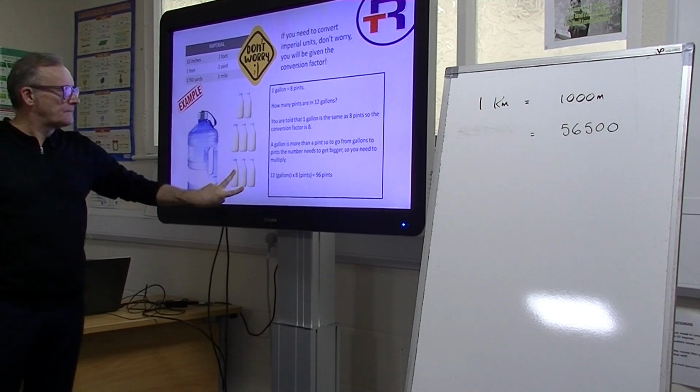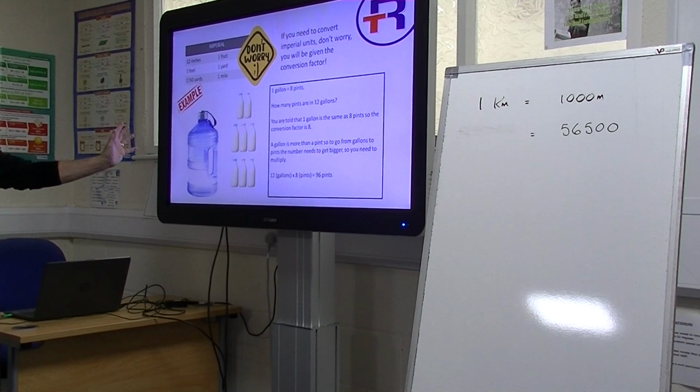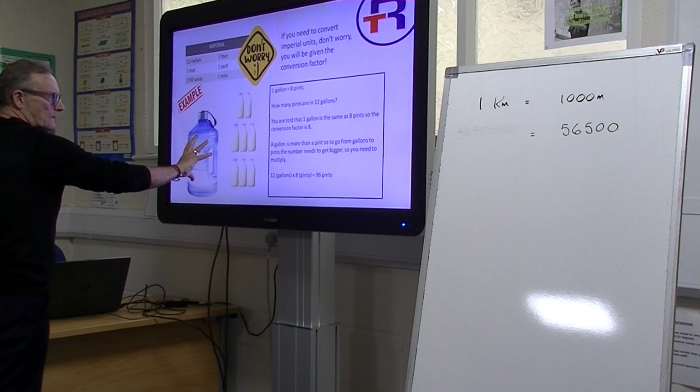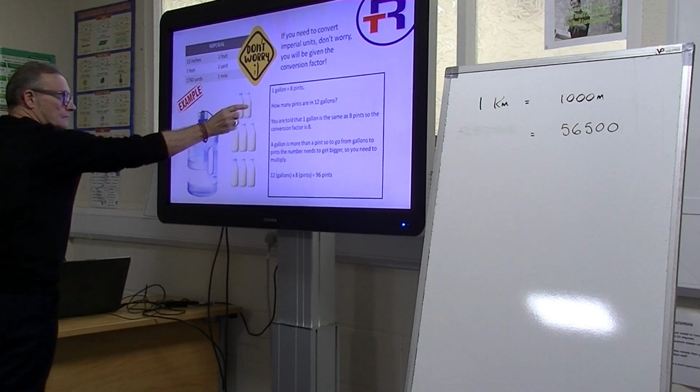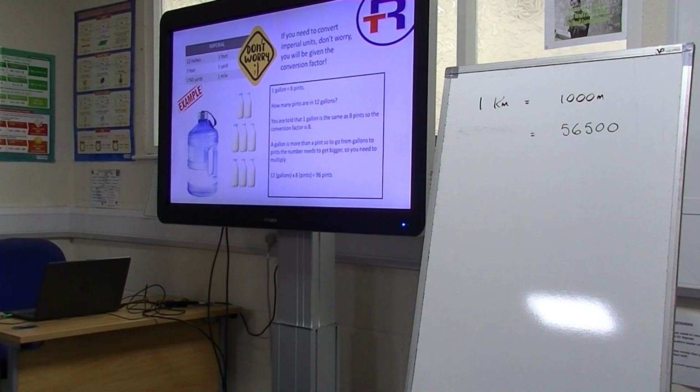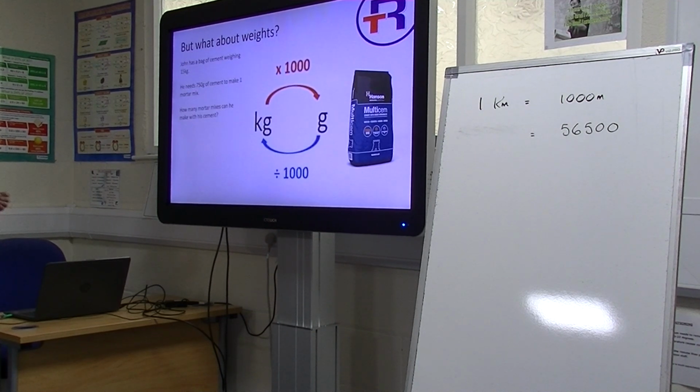A gallon is more than a pint, so to go from gallons to pints, the number needs to get bigger. So you need to multiply. If we've got 12 of these, we times that by 12, which gives us 96 pints. Does that make sense? It's fairly straightforward stuff, isn't it? And it's the same thing with weight.